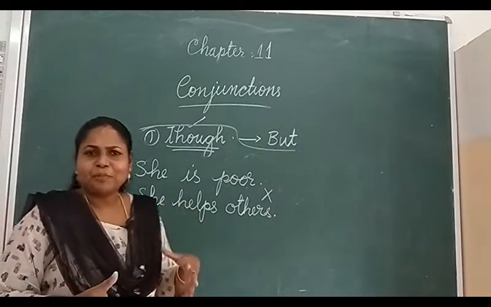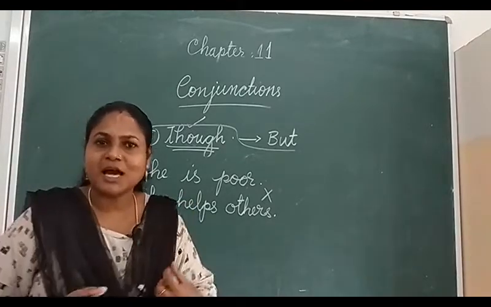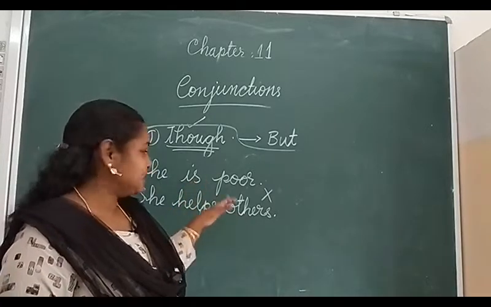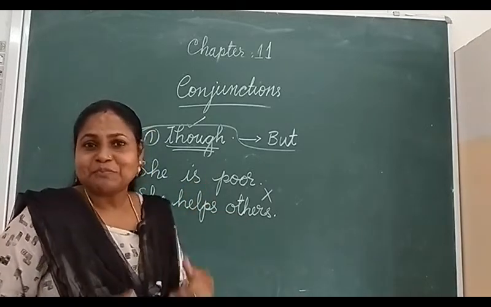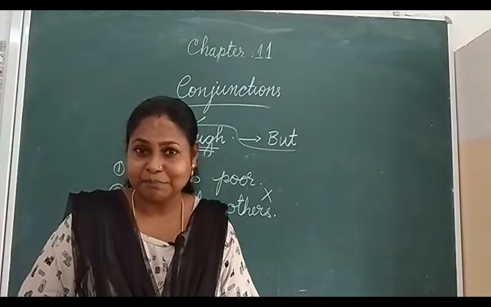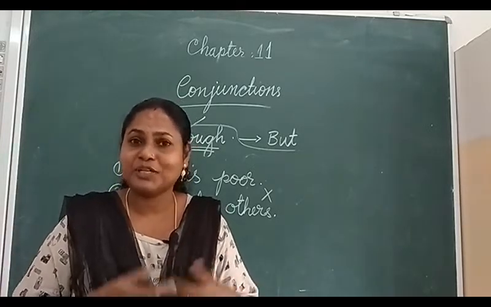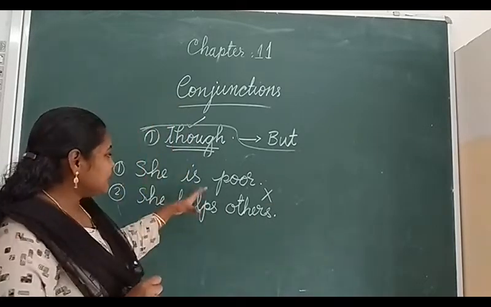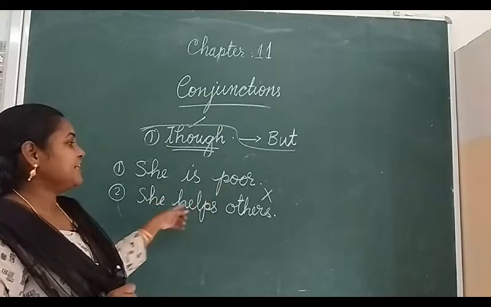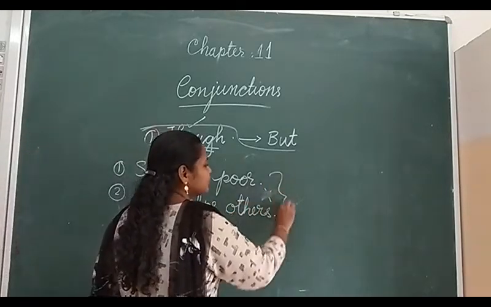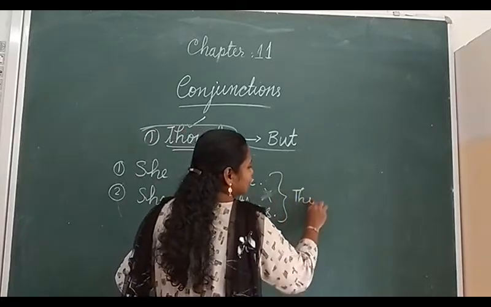Because poor people always receive the help of others. But here, though she is poor, she helps others. Poor people, even if they desire, they cannot help because they don't have the money or they don't have the other things to help others. But even then, she is poor, she helps others. We can join these two sentences together using this conjunction though.